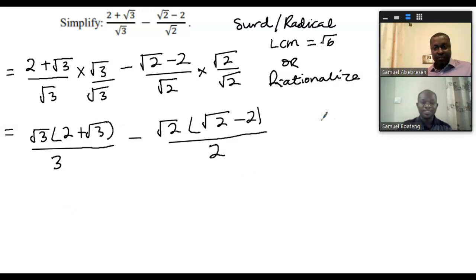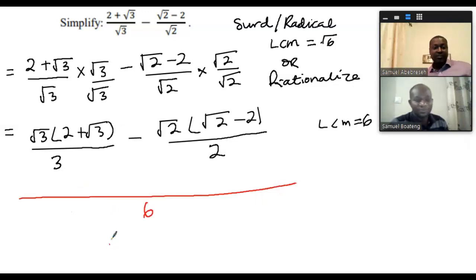This time, the LCM is not going to be in set. So LCM of 3 and 2 will be 6. Right, so LCM of 3 and 2 is 6. So let's draw a line.